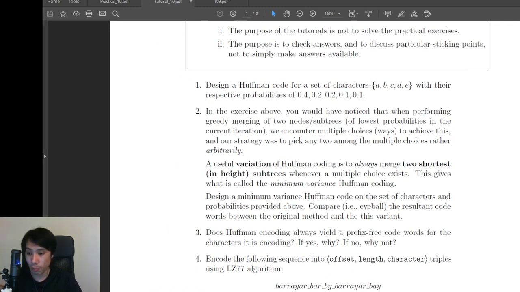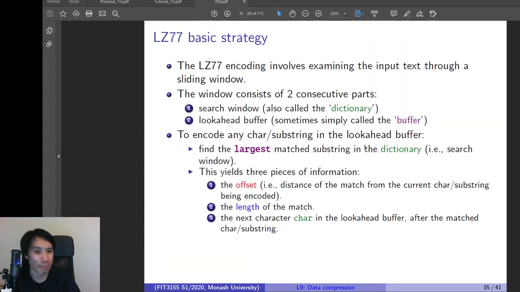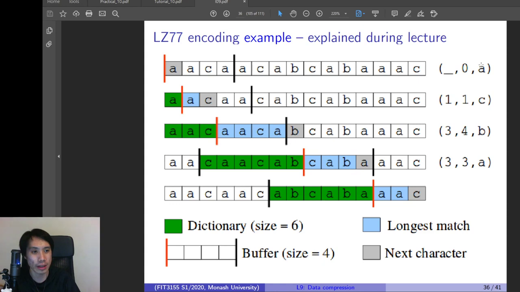So if you were to look at your Lempel-Ziv, if you see your alphabets here, they will not be A, B, A, B, A, B. They will be Huffman of A, Huffman of C, Huffman of B, Huffman of A.